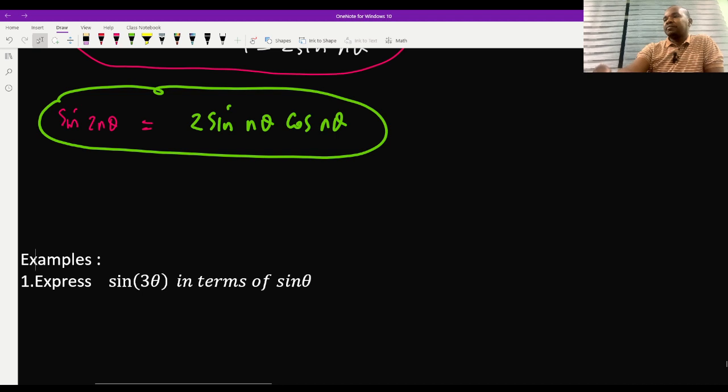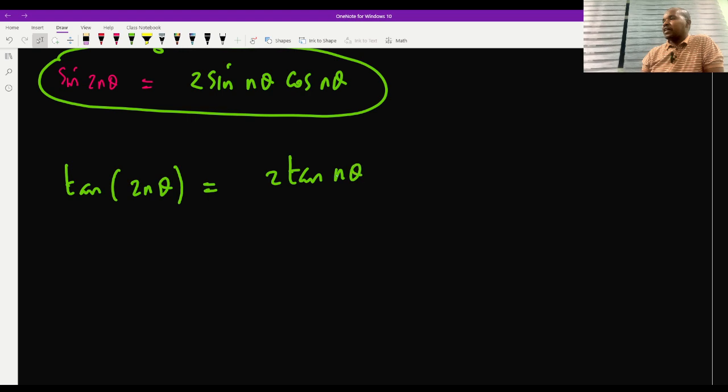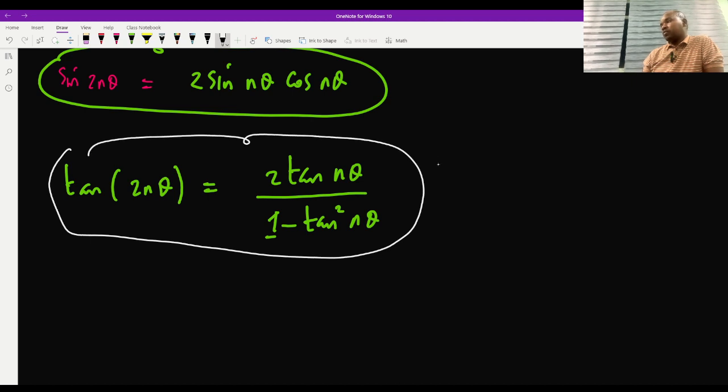And the last one is tan. Tan 2n theta is going to be equal to 2 tan n theta divided by 1 minus tan squared n theta, and this is the general picture of the double angle formula corresponding to tan, dear students.